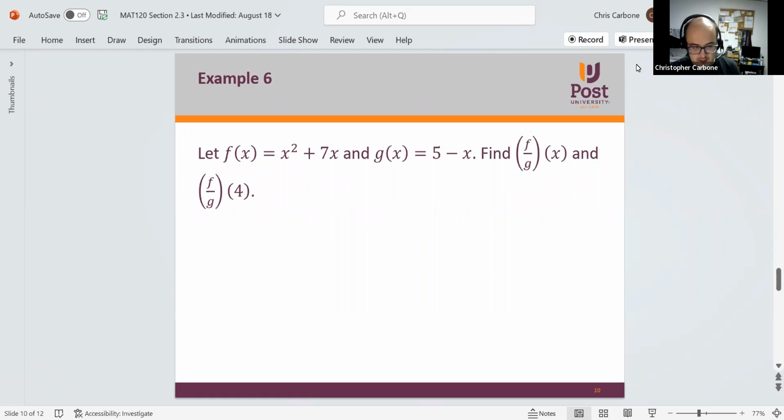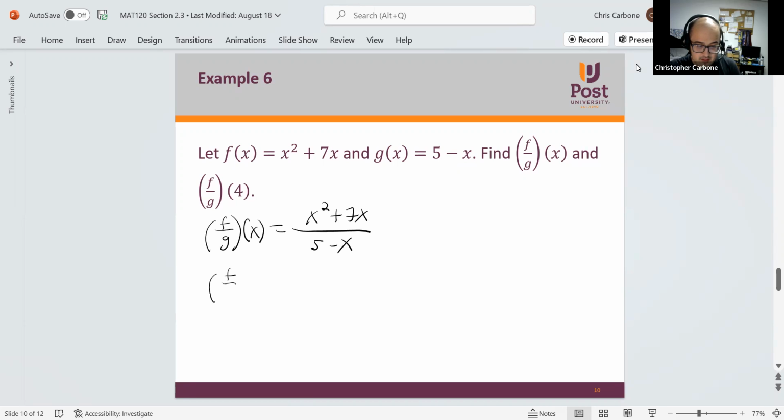If we let f of x be x squared plus 7x and g of x to be 5 minus x, we want f divided by g of x and then f divided by g of 4. So f divided by g of x would just simply be x squared plus 7x divided by 5 minus x. We could factor in the numerator, but that's not really going to simplify much of anything.